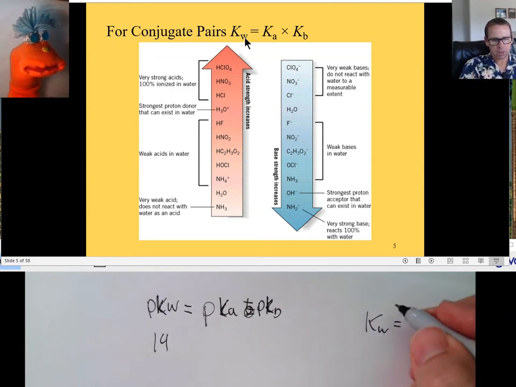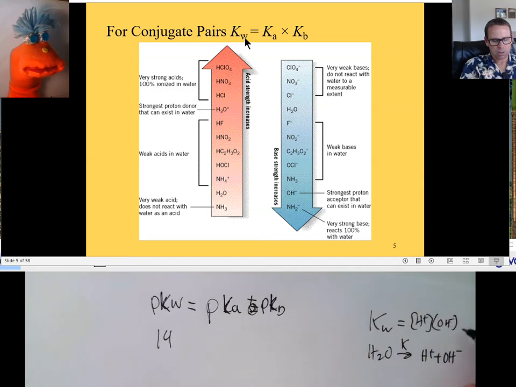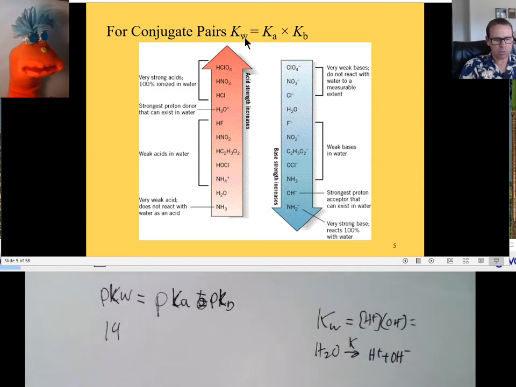Now let's go back just for review. H2O dissociates into H plus and OH minus. Kw, the dissociation constant for this dissociation, is the hydrogen ion concentration times the hydroxide ion concentration. And we said that it always equals 1 times 10 to the minus 14.